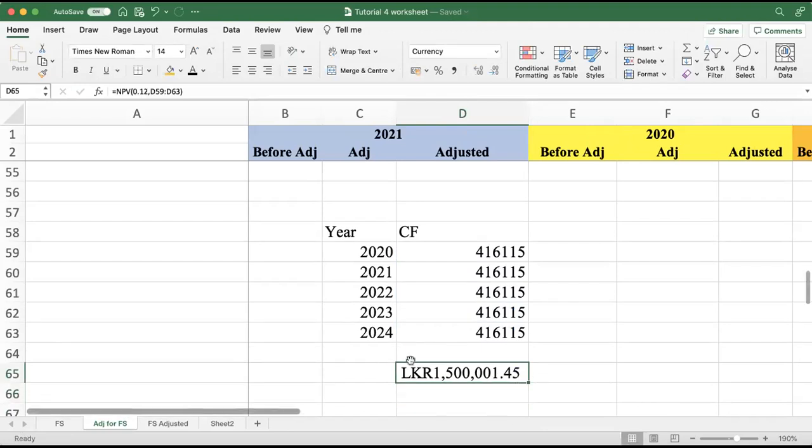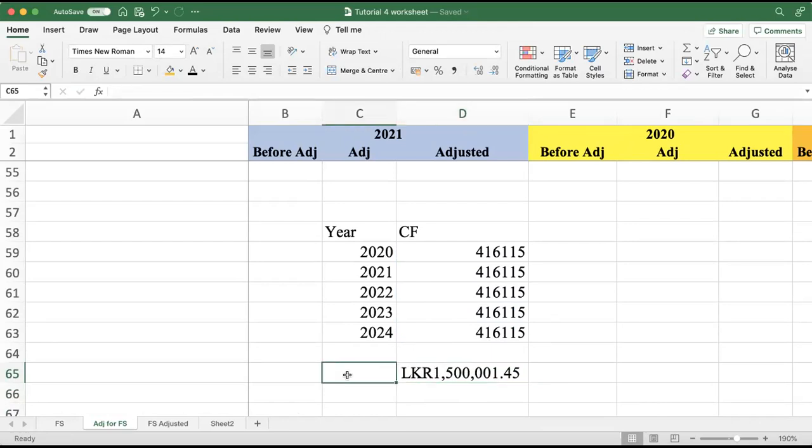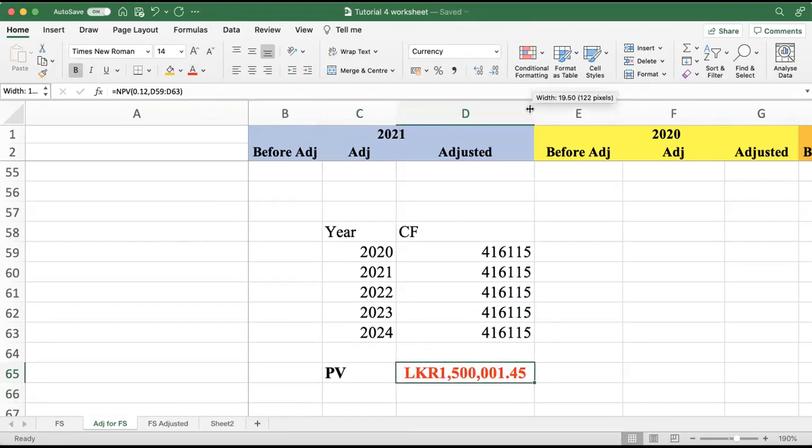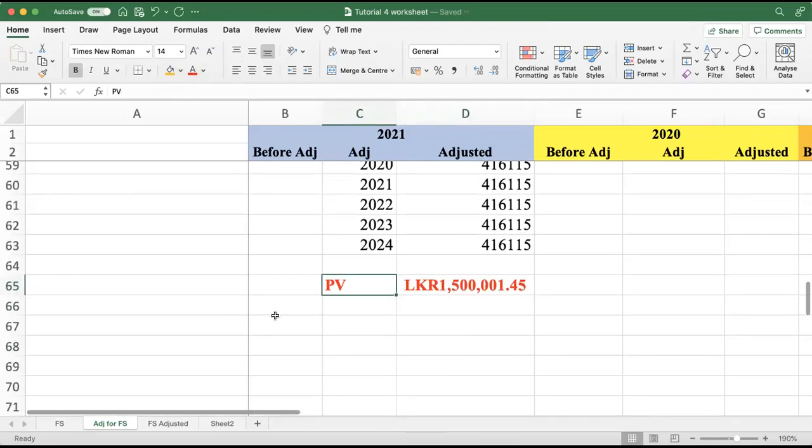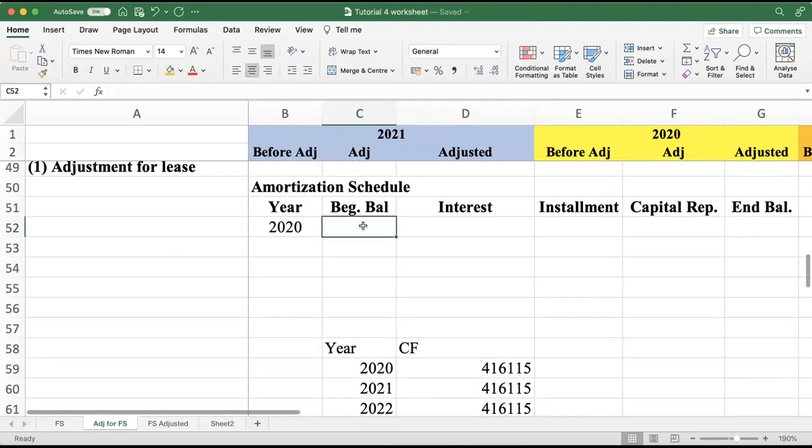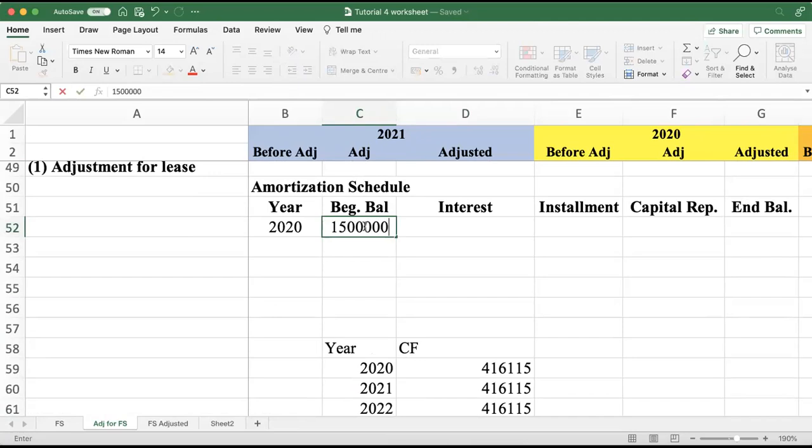Now you see the present value of this lease rental is 1.5 million. So beginning balance is equal to 1.5 million.